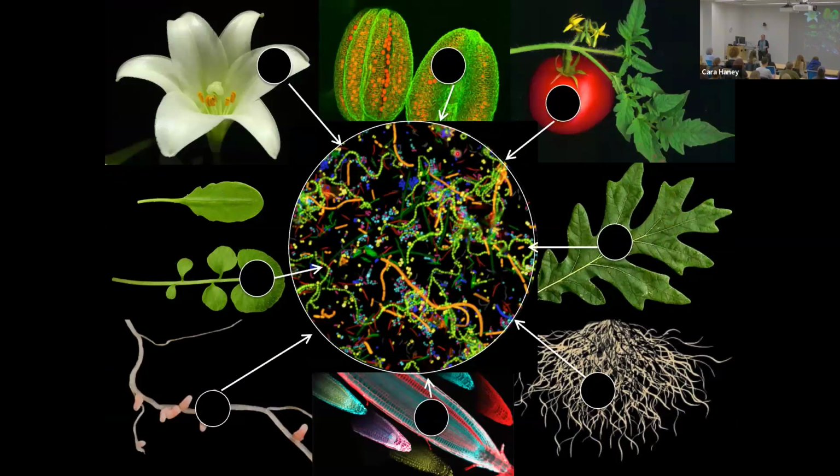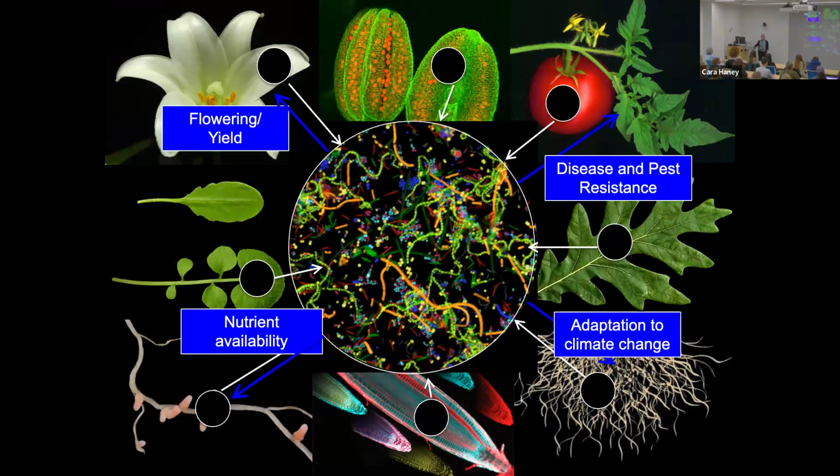So plants, like animals, have diverse communities of microbes that live on their roots and their leaves and their fruits and their flowers. And these microbes in turn have diverse benefits for their plant hosts. They can affect plant growth, disease resistance, they can help with nutrient uptake, they can affect agronomically important traits like flowering time and yield, and they can even help with things like adaptation to climate change.